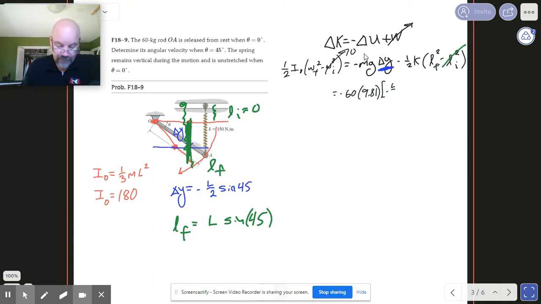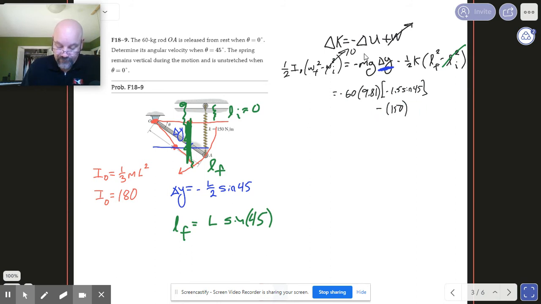L is, the heck is L? 3. So that's 1.5 sine 45 there. And then we're going to have minus k, and our k value is 150.